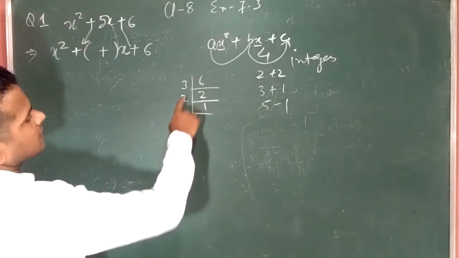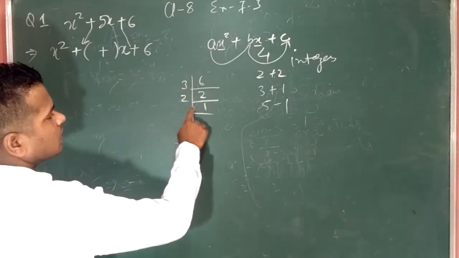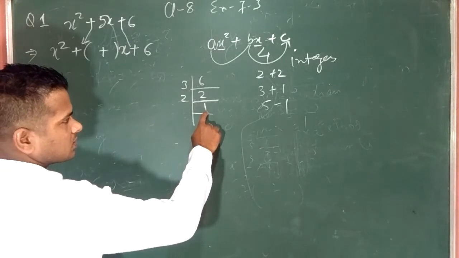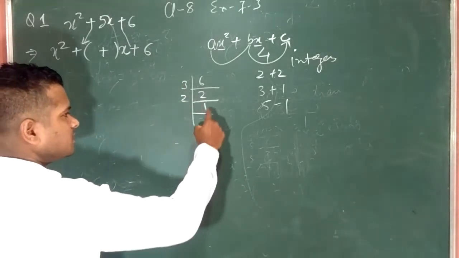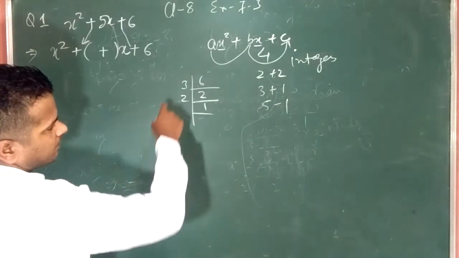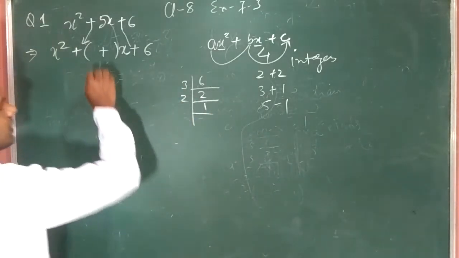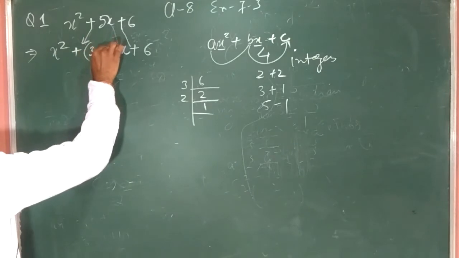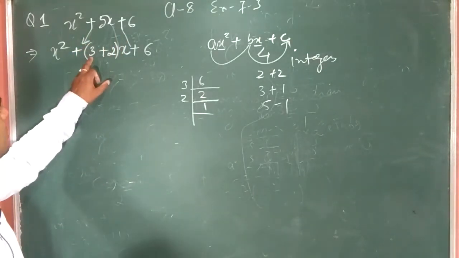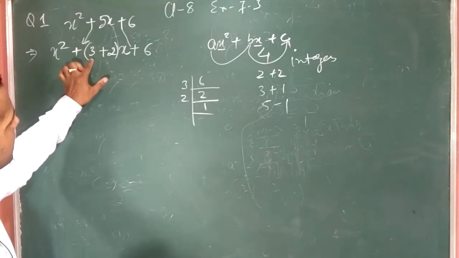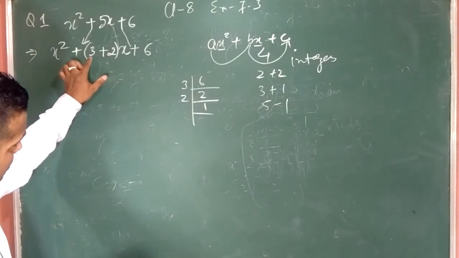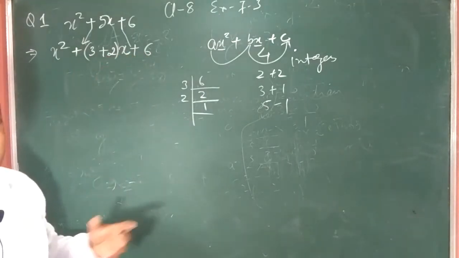For 6 we are getting 3, 2 and 1. 1 is also important for factorization. Sometimes we take 1, sometimes we do not. So here 3 and 2, because 3 plus 2 is 5, and when we multiply 3 into 2, it is 6.